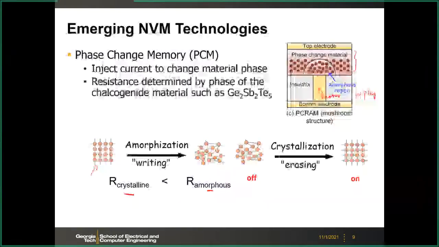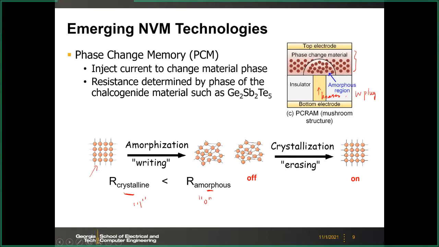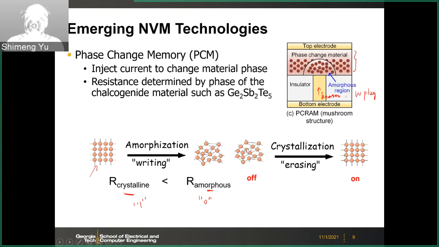If you compare the resistance of this material between those two phases, you will find the crystalline resistance is smaller than the amorphous resistance. Again, you can use this to store information like 1 and 0. You sense the difference in resistance. And if you gently heat up the amorphous state over some period, the atoms will get some kinetic energy to find their energy minimum state.